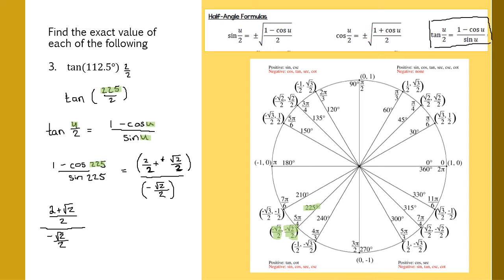So we've got a fraction on top, a fraction on bottom. Time to keep, change, and flip. So we're going to keep the 2 plus root 2 over whole number 2. Change to multiplication, and we're going to flip this denominator so that the negative whole number goes on top and the radical goes on the bottom.